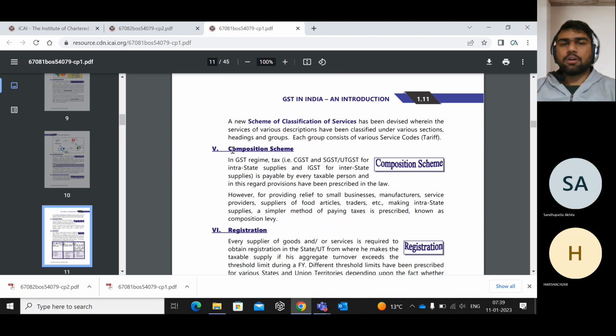Till now you can remember that the composition scheme is one type of benefit provided for small business providers and small service providers, as they need not comply with all the laws and regulations in GST. There are some relaxations for the small sector. If all these laws and regulations were to be complied with, there would be a burden on them, so some benefit is provided in the form of the composition scheme.